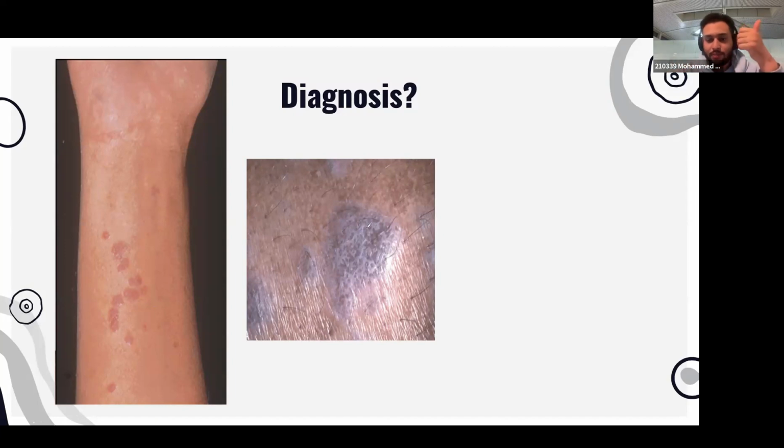Firstly, what's its color? Purple. And then now you need to describe the actual shape. Polygonal is the shape. Good. Pruritic means it's itchy. Papules and plaques. And then one more.